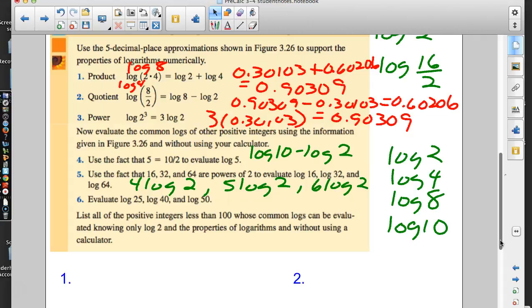We can do that. How about 40? What could we use for 4? 4 times 10, so we could add them. Log of 4 plus log of 10. Okay, how about 50? You could go back and you could use the 5 up here. What would be another way to get the 50?